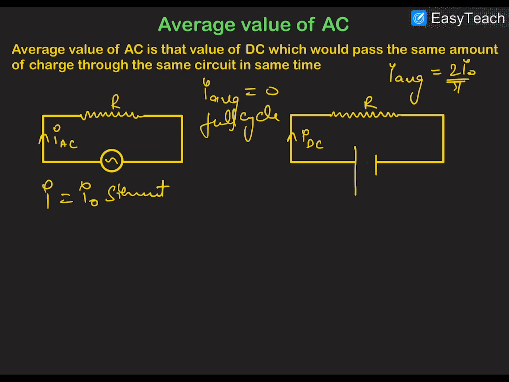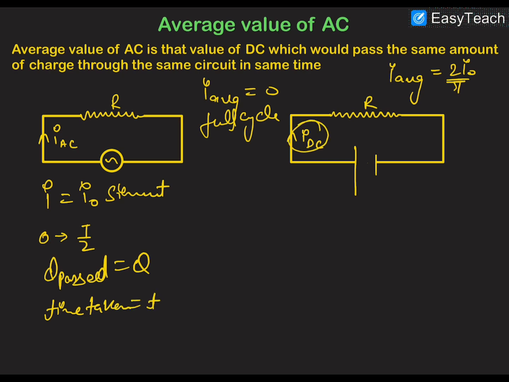So let us see that for half cycle, from 0 to T by 2, the charge Q passed through the resistance is Q, and the time taken is T. So if we are wondering how much current we should take so that it would produce the same amount of charge in the same time in the same circuit, then this value of DC current will be equal to the average value of AC, which is 2 I naught by pi.